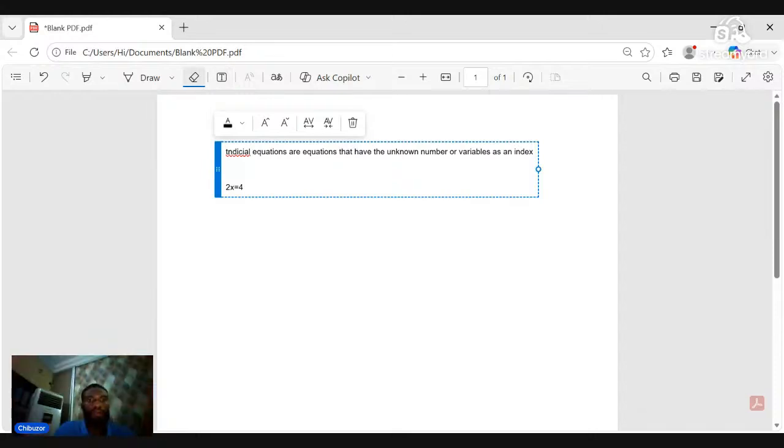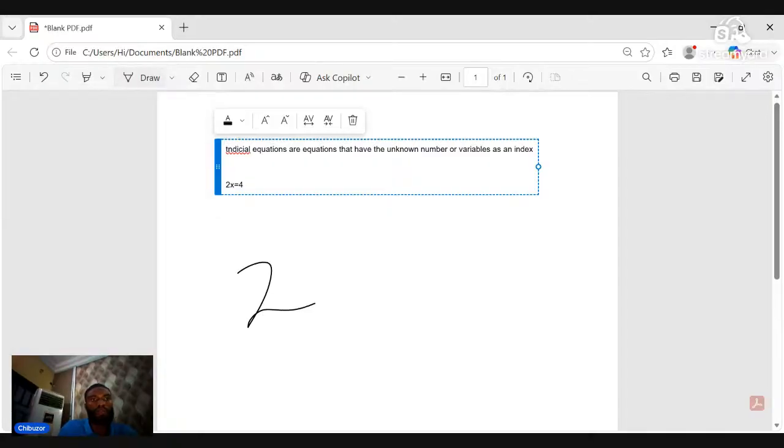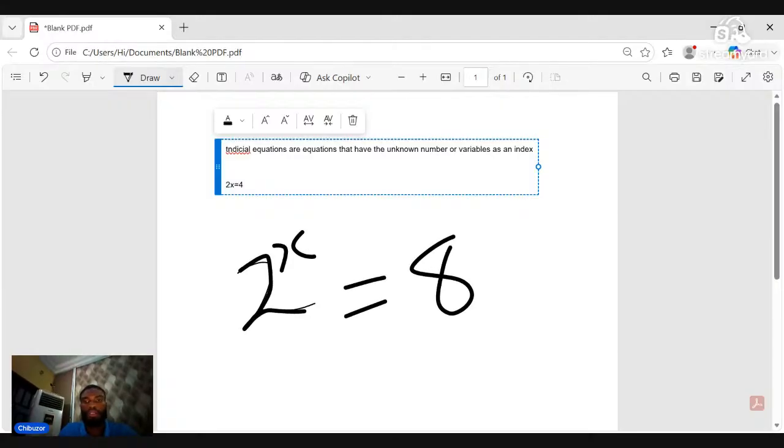But for an index equation, you have something like 2^x = 8.